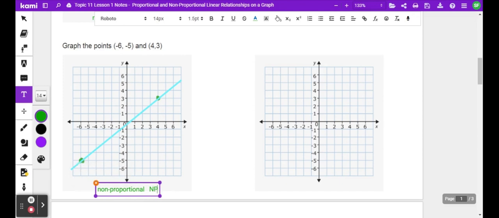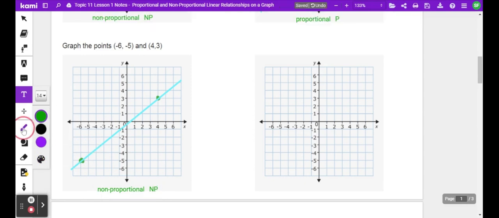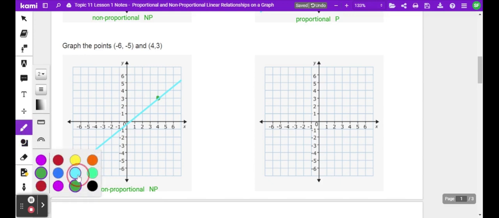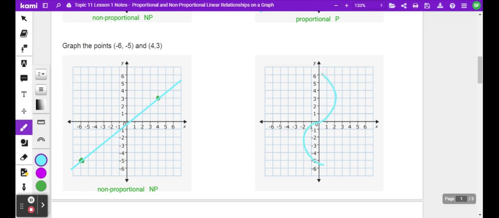For the last one, I'm not going to do any graphing of the points because it would be a little bit too complicated, but I do want to show you an example. If you have any curved line, it is instantly going to be non-proportional. So that is a curved line.